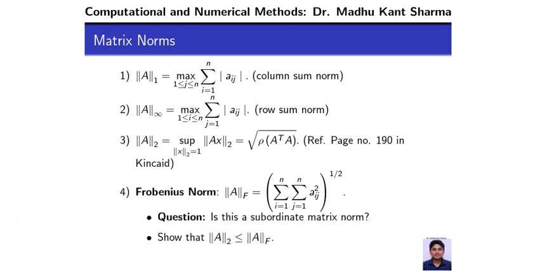Now the next exercise: the spectral, this 2 norm always lies below the Frobenius norm. You can show that by using, I can give you a hint, the Cauchy-Schwarz inequality, if you recall from your linear algebra or inner product.